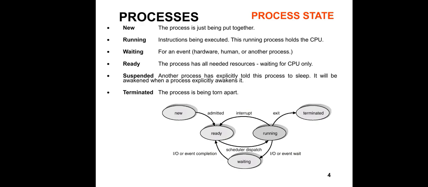When processes move from the ready state to the running state, the CPU is involved here. In the running state, process execution is done. So the CPU is actually involved in the running state.